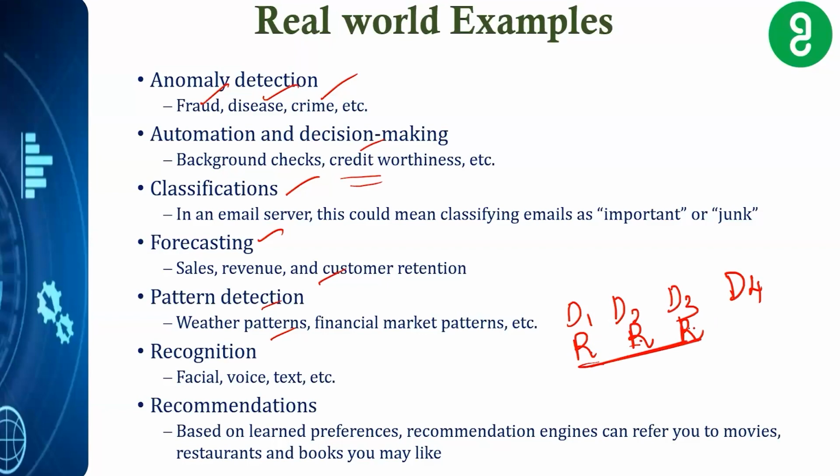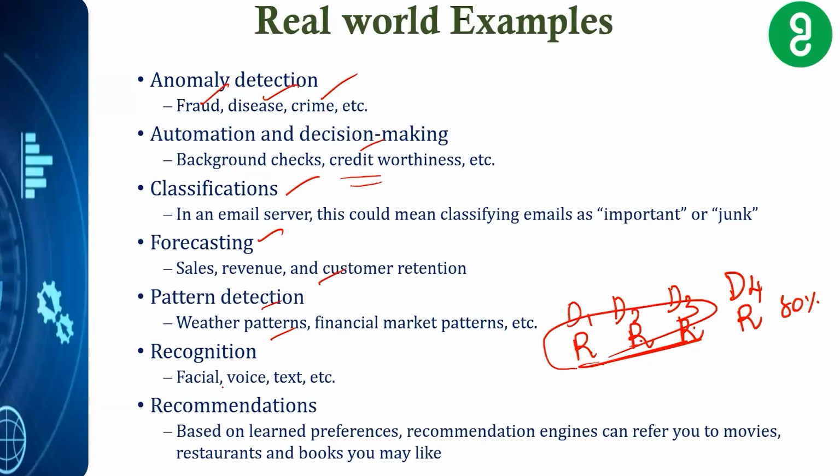If it was R, then the 4th day it would be R, right? For example, I can say there is an 80 percent chance of rain. So by observing the pattern, you could predict the weather, or financial market patterns also.